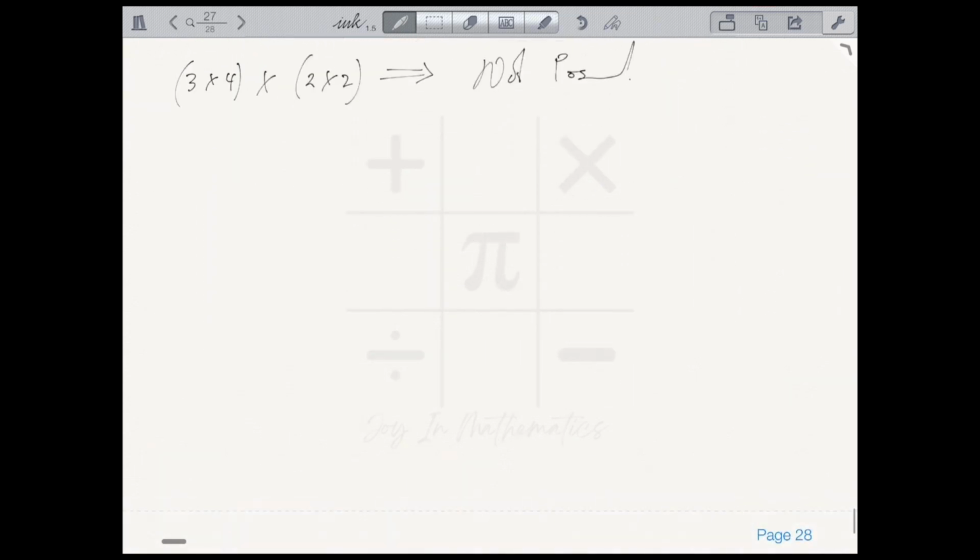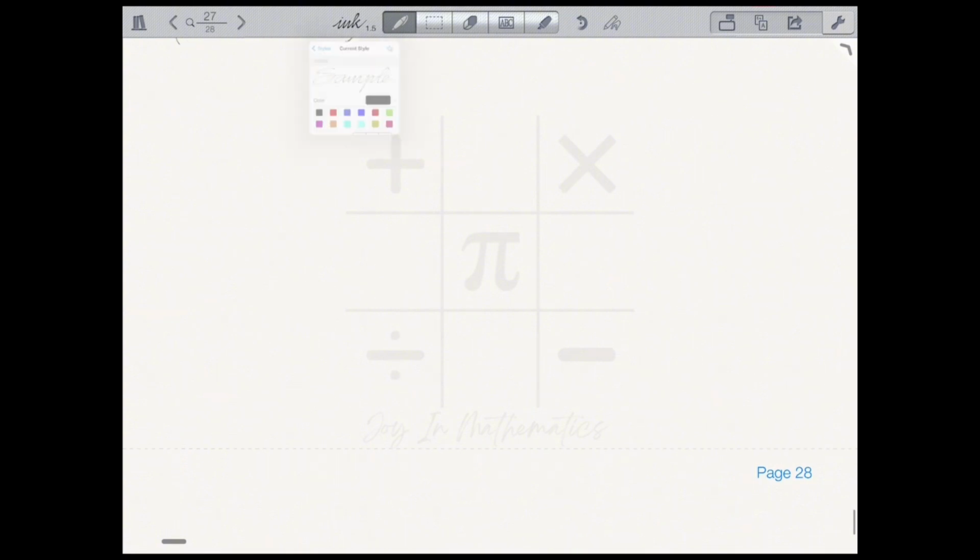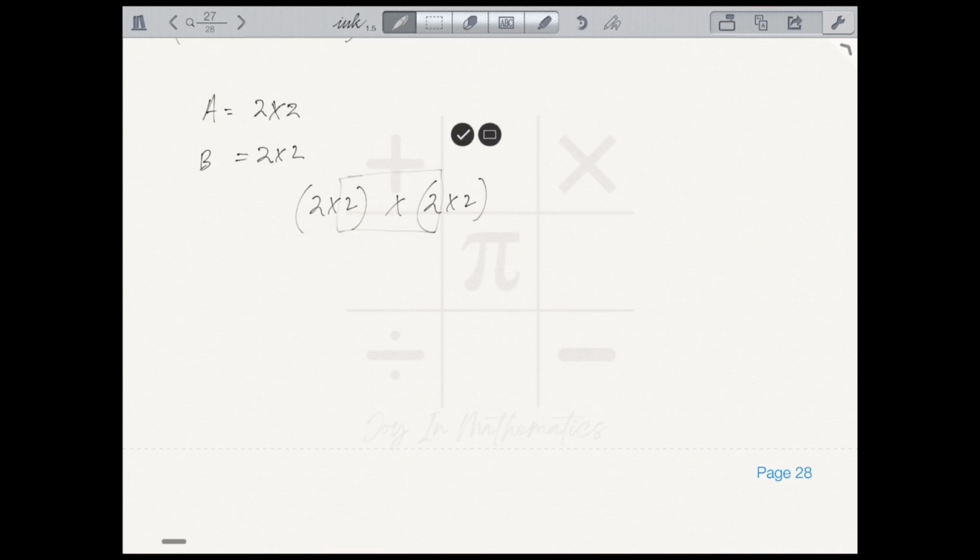Now, in the previous video we had A, which is a 2 by 2 matrix, multiplied by B, which is a 2 by 2 matrix. So we have 2 by 2 multiplied by 2 by 2. All right, and then we said it is possible. Therefore, the result will be what? A 2 by 2 matrix.